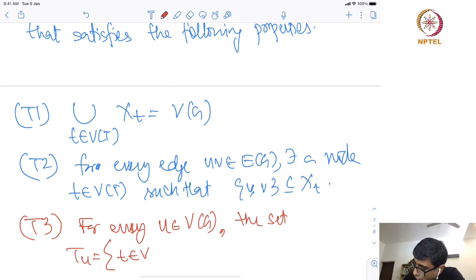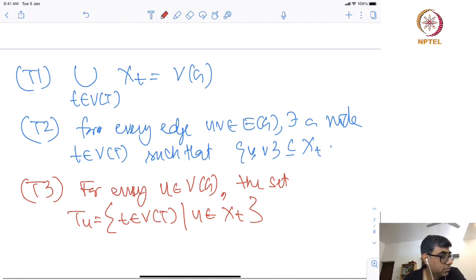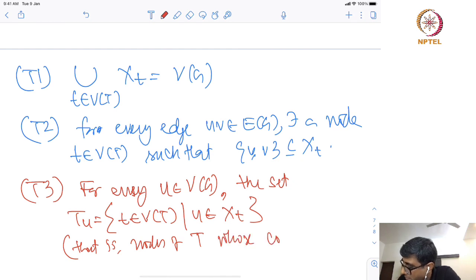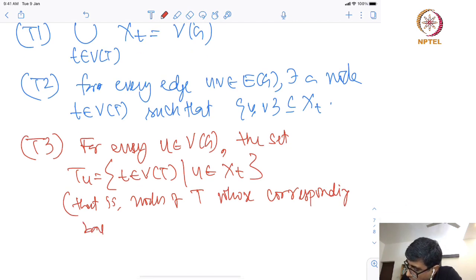It is those nodes in the vertex set of T such that u belongs to the corresponding bag, that is, nodes of T whose corresponding bag contains u.